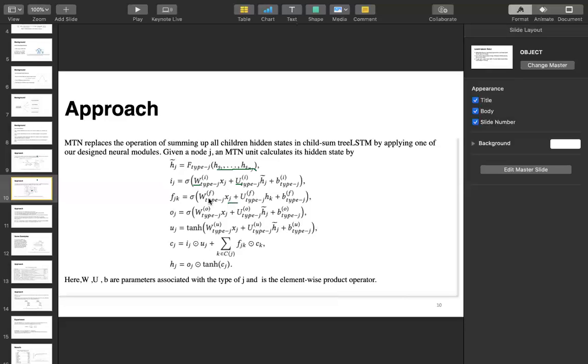So here W and U are the parameters in the normal LSTM. And x_j, yeah, where does this x come from? The previous one.